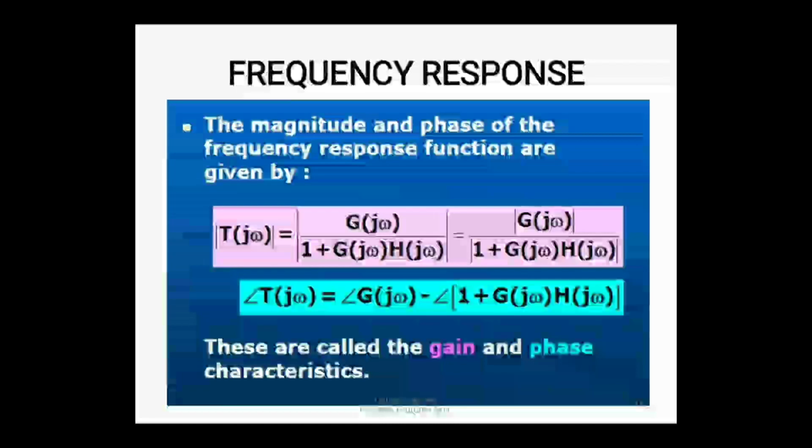The magnitude and the phase of the frequency response function are given by magnitude of T(j omega) is equal to magnitude of G(j omega) divided by magnitude of 1 plus G(j omega) into H(j omega). And the phase of T(j omega) is equal to phase of G(j omega) minus phase of 1 plus G(j omega) into H(j omega).